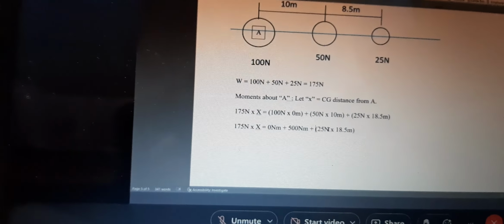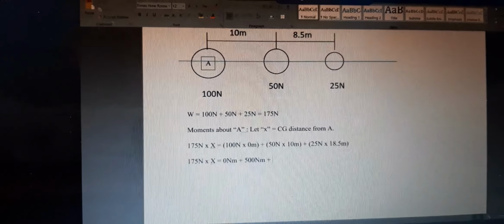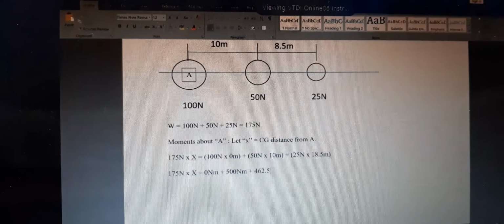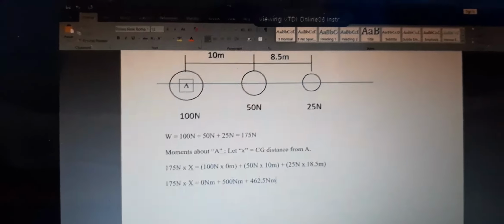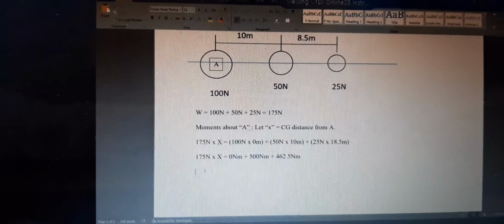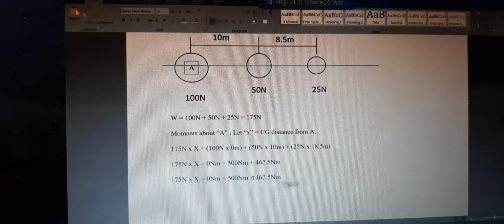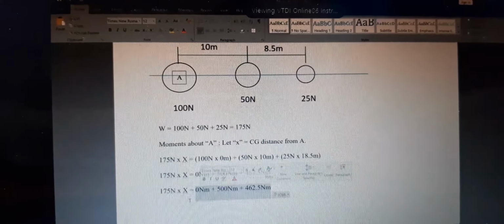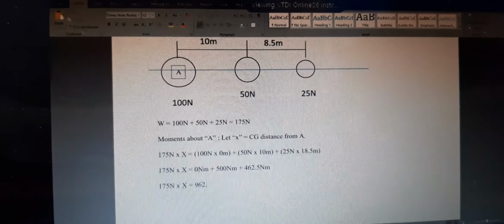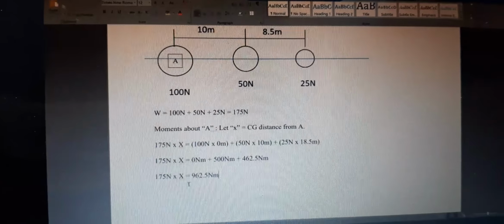And then what's the next one going to be? 462.5 Newton meter. And then you add them. So when you add them, how much Newton meter is that? 962.5 Newton meter. Good.